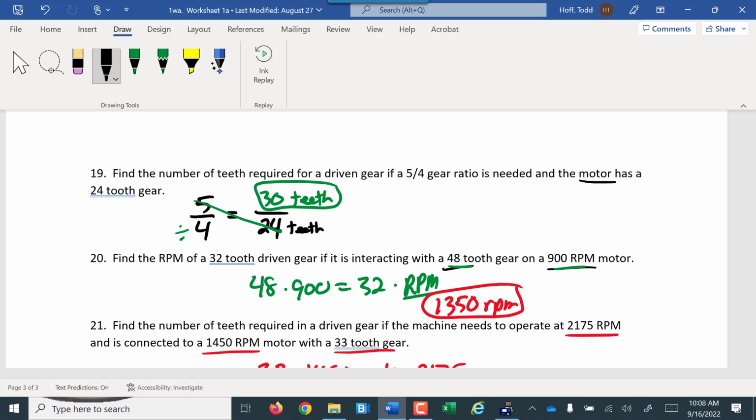This is the same thing. Oh. Let's see here. There you go. You bet.